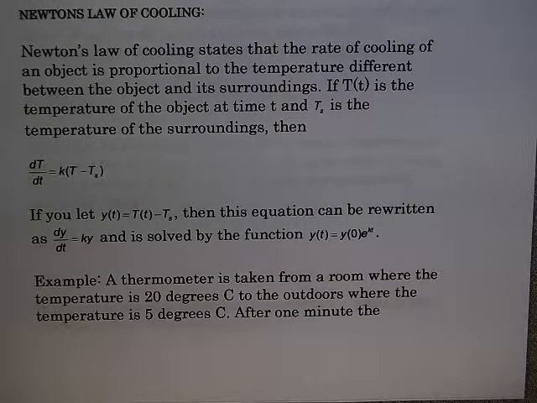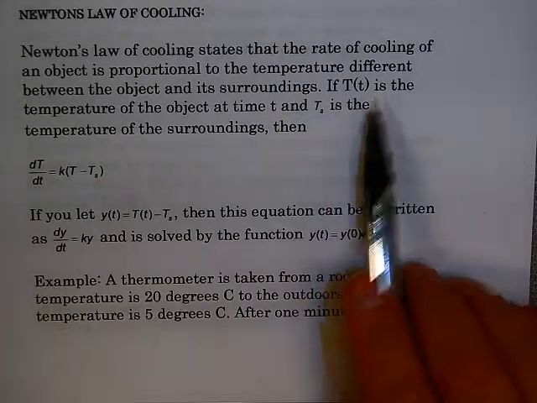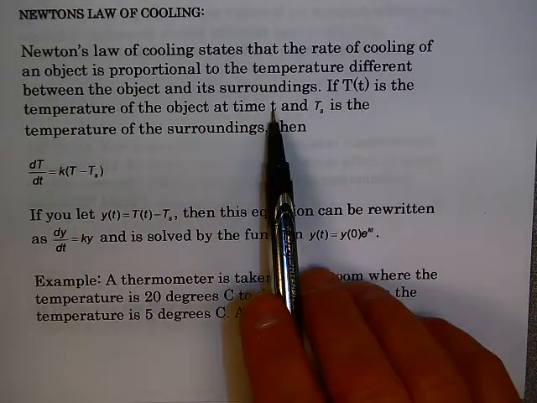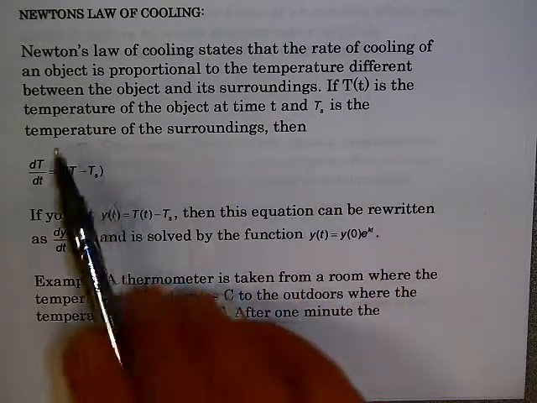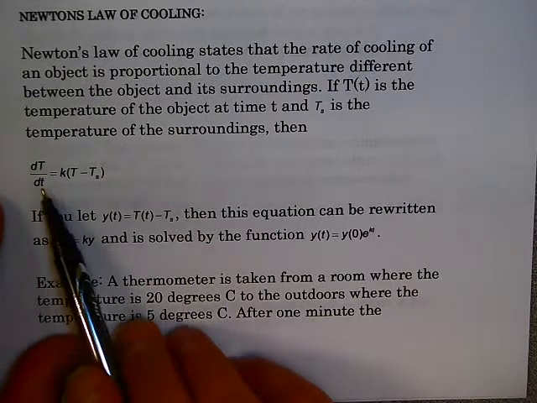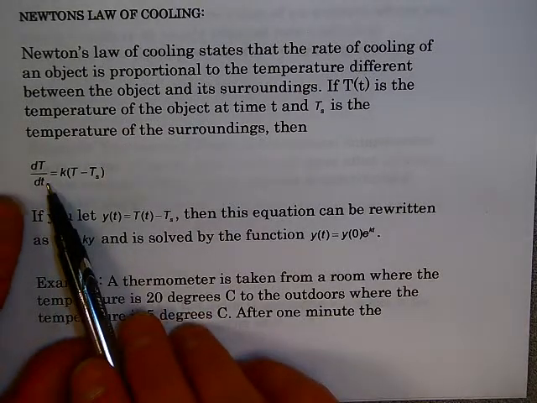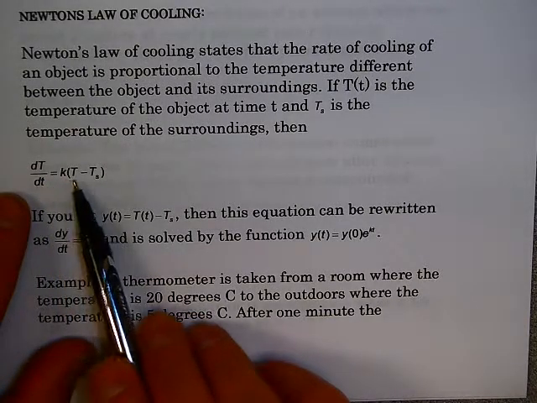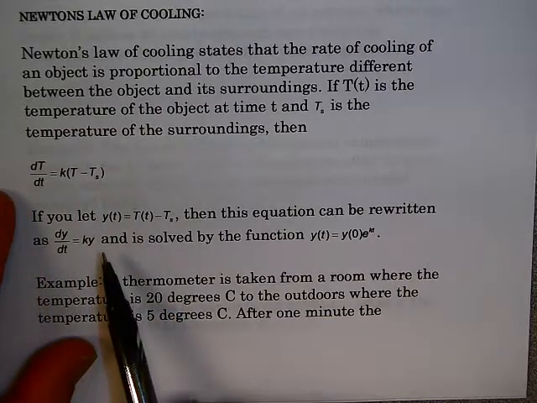And that's because Newton's law of cooling states that the rate of cooling of an object is proportional to the temperature difference between the object and its surroundings. If T of t is the temperature of the object at time t, and T sub s is the temperature of the surroundings, then we can write down this differential equation: dT/dt equals k times (T minus T sub s).